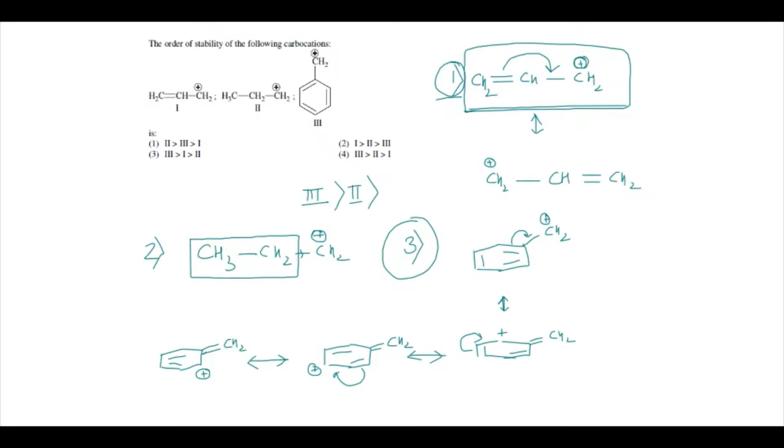Then we have the other system where there are no pi electrons at all, where we have the sigma electrons which can stabilize the carbocation by the inductive effect, but that is not as effective as compared to the other 2. So this will be the correct order of stability. 3 will be the most stable one, 2 will be next, and 1 will be the least stable one. So option 4 will be the correct option for this question.